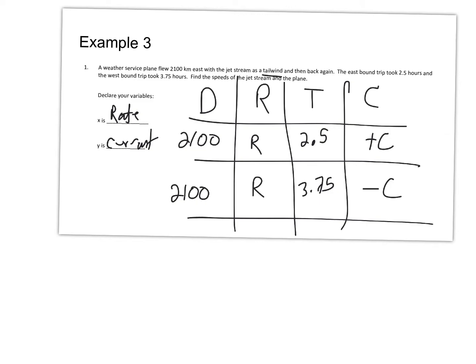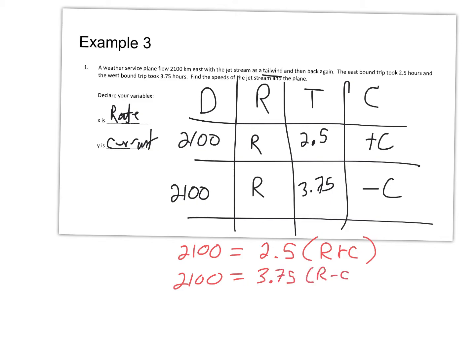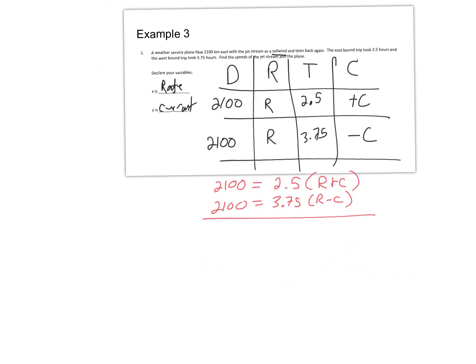All right, so let's take out our equation. So 2,100 equals 2.5 with r plus c. 2,100 equals 3.75 r minus c. All right, so there's our equations. So what we're going to do, let's get rid of those things out in front. So divide by 2.5.